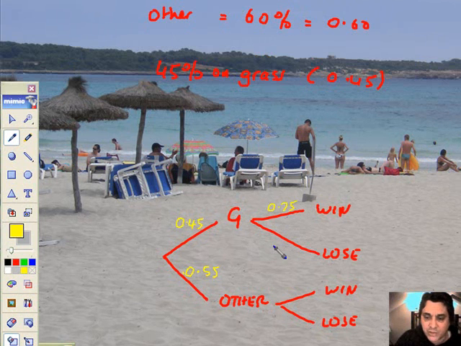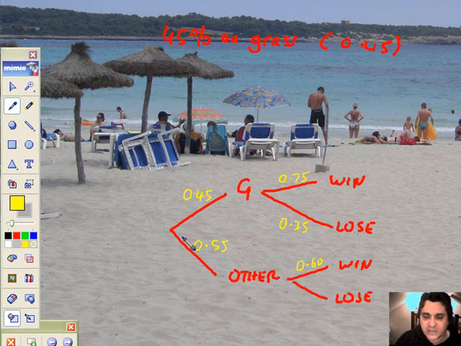Therefore, the probability of her losing on the grass must be 0.25. If she plays on another court and wins, the probability of that is 0.60, and therefore the probability of her playing on anything other than grass and losing would be 0.4. So put 0 there so it's all complete.